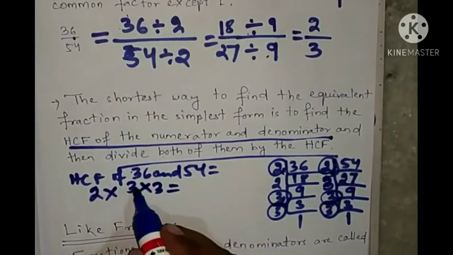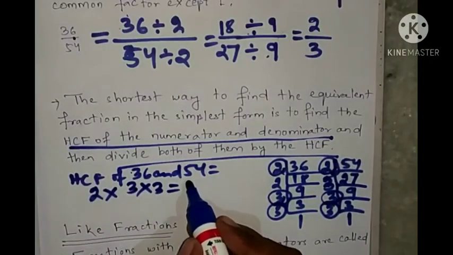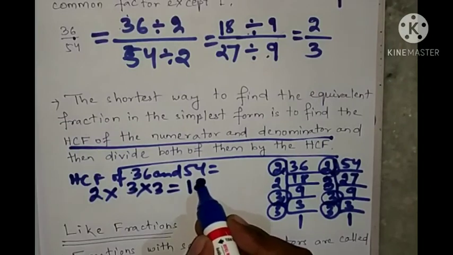How much are you getting? 2 threes are 6, and 6 threes are 18.